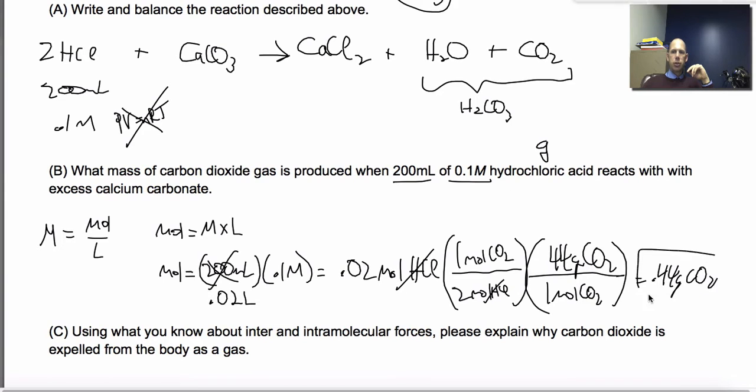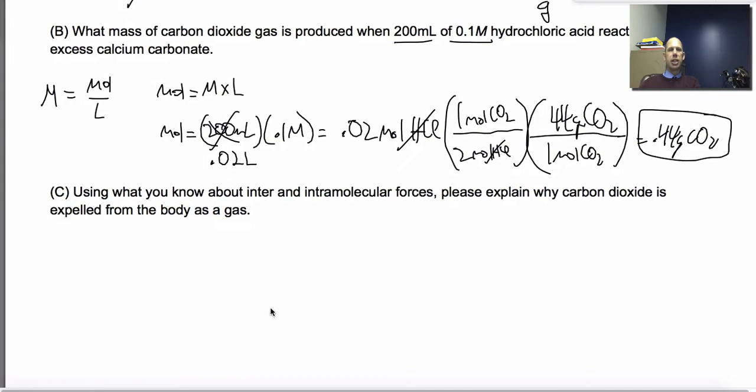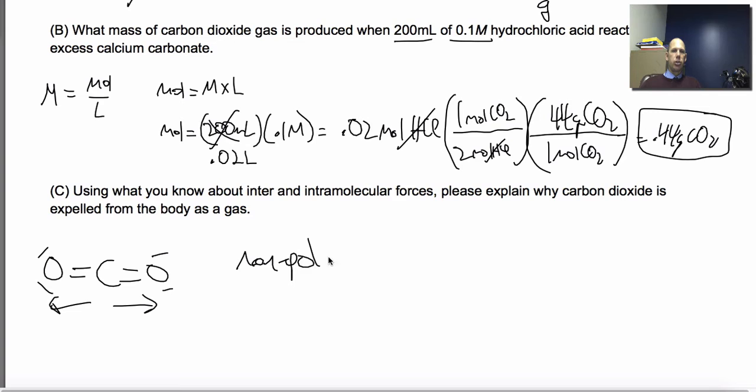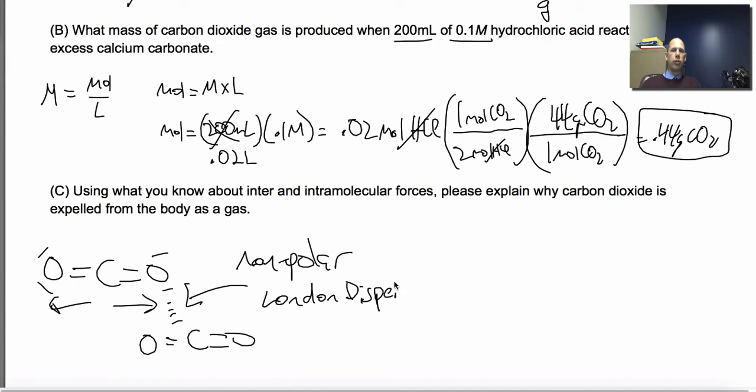Grams of CO2. Okay. In this case, when we do the Lewis structure for that, we are going to get CO2 looking like this. Because there are dipoles pushing in both directions, this molecule is nonpolar. And because this molecule is nonpolar, whenever we have neighboring CO2 molecules, all I'm going to get in between are London dispersion intermolecular forces.